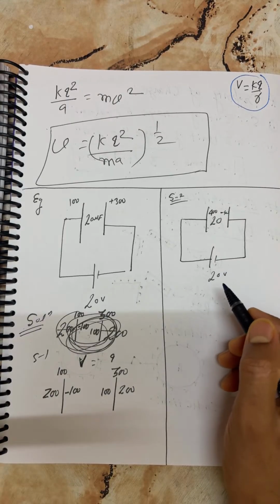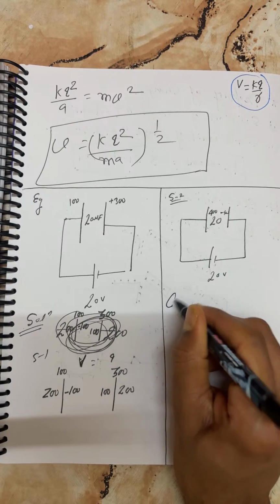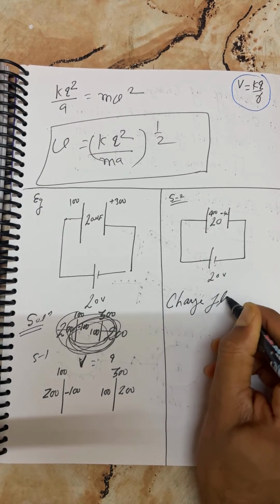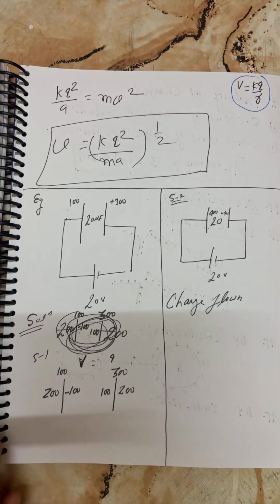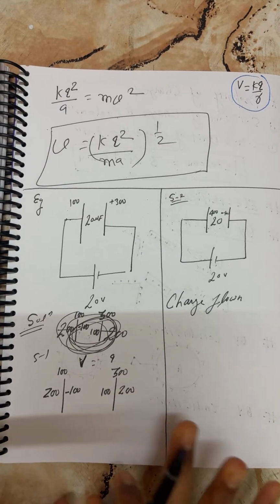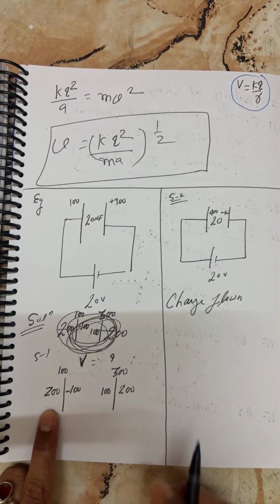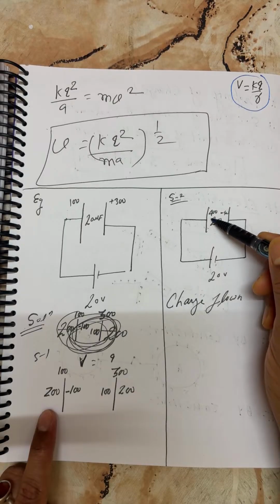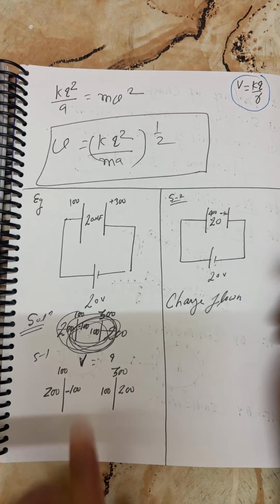For this condition, we need to find the charge flown. So what is the charge flown? Just think about the inside, because we have outside charges, so there's no need to think about outside charges. We think only about inside charges. The charges inside the plate are increasing, so you can say final minus initial.